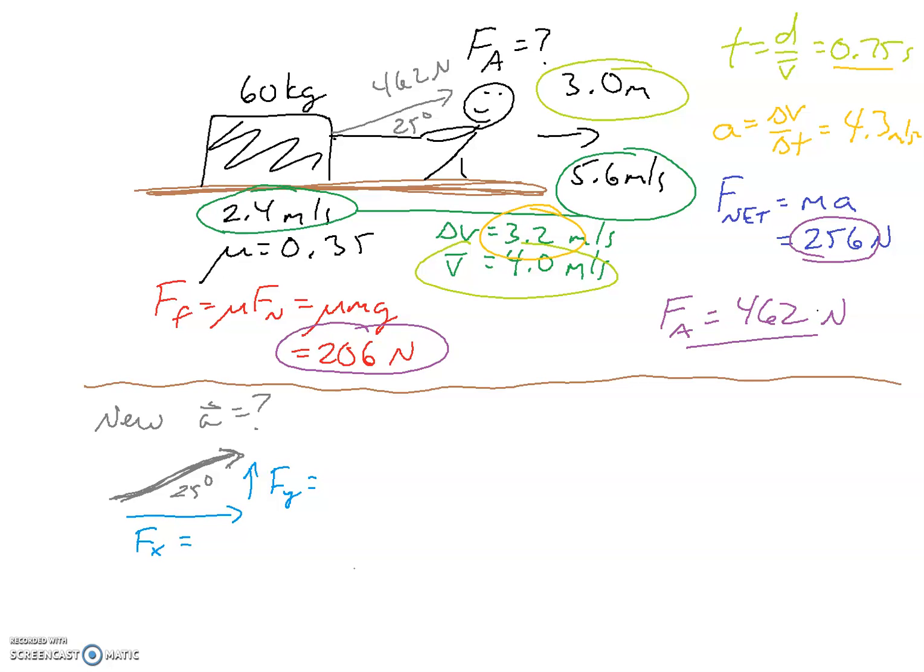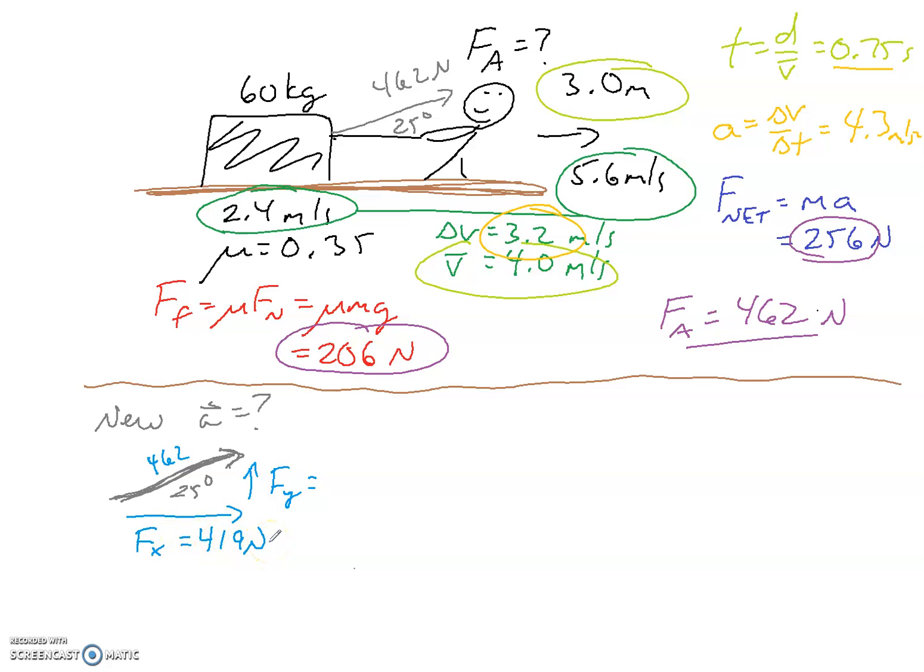So using my basic trig, I've got a hypotenuse of 462 times the cosine of 25. I can find my force in the x direction, which is about 419 newtons. And this is what's actually being used to try and move the box sideways.